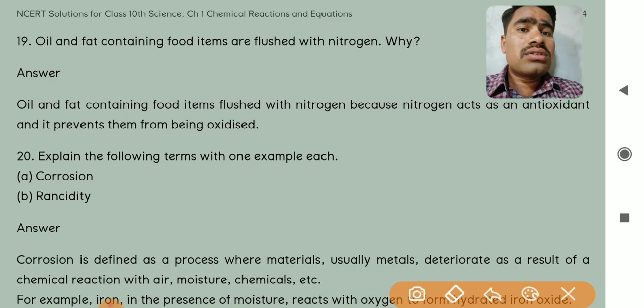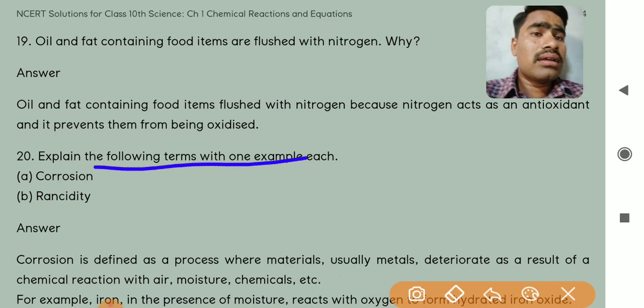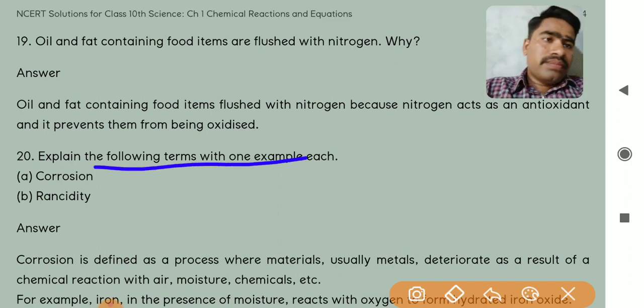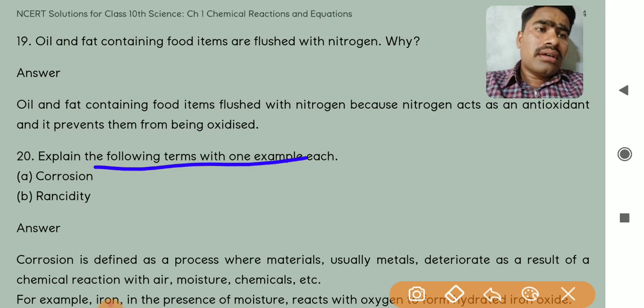So the next question is: explain the following terms with an example of each. Like corrosion. Now corrosion is nothing but rusting only. Corrosion is nothing but rusting, but corrosion can take place in the presence of air and moisture, and acids, okay, presence of acid around.